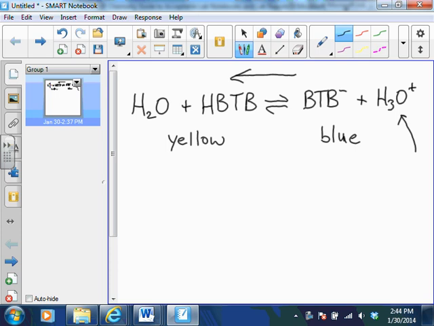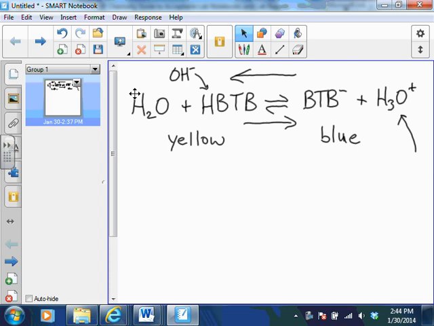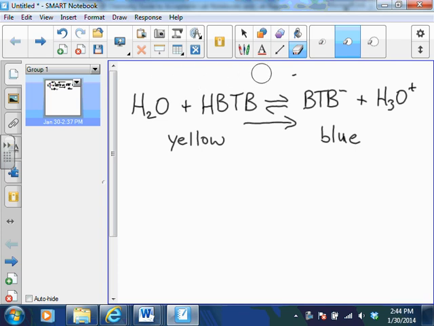If you add hydroxide, then the hydroxide is going to react with the H here and make additional water, which is going to push the equilibrium this way, towards the blue. So that's the way that equilibrium works. Hopefully that's not overly complicated. I'm trying to keep it simple here. But basically that's your first reaction, your bromothymol blue reaction.